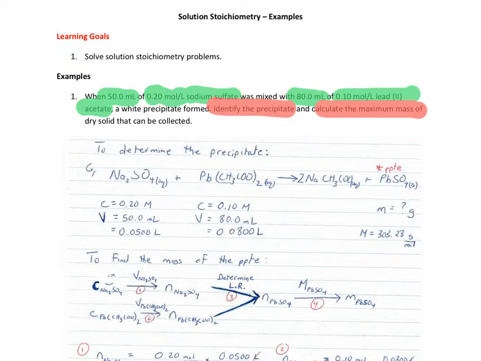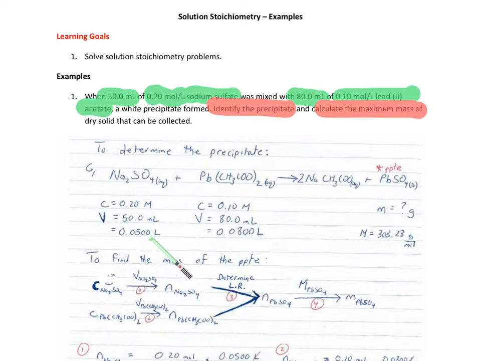That's important because, along with all of the information that's given in the problem, I need the molar mass of my precipitate in order to find the maximum mass of the solid that can be collected. One other thing about the given information: it was given in milliliters, but I converted these values to liters, holding on to the appropriate number of significant digits.